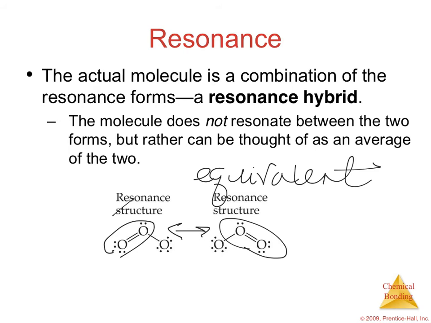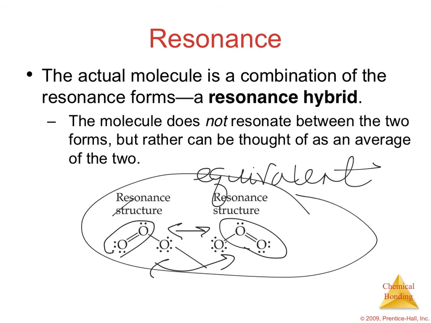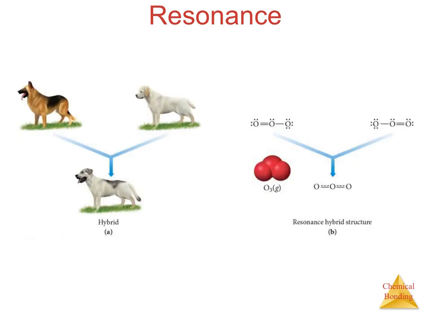And it turns out that these two equivalent resonance structures do not bounce back and forth between having the double bond on the left and the right. They exist 100% of the time as some hybrid in between these two structures.